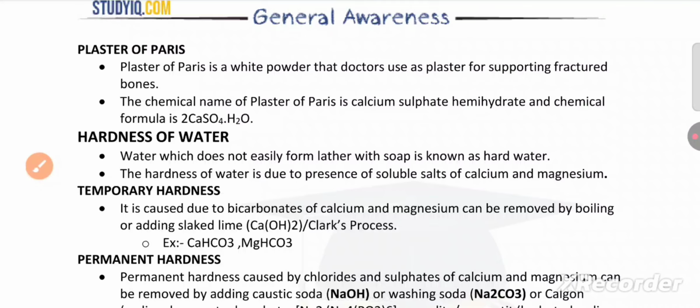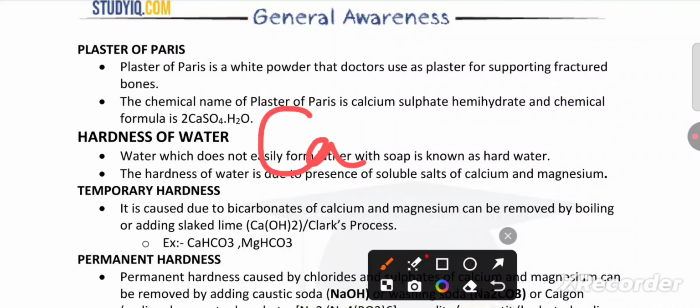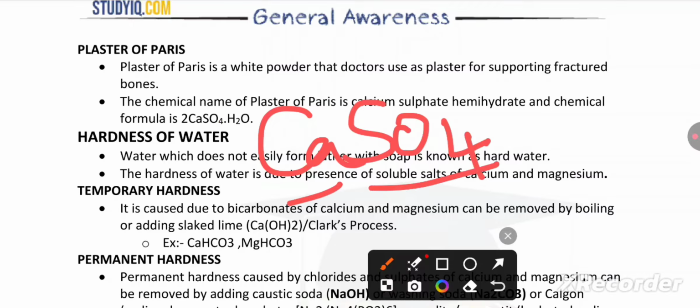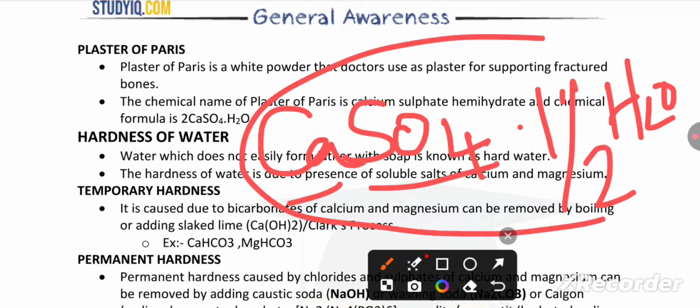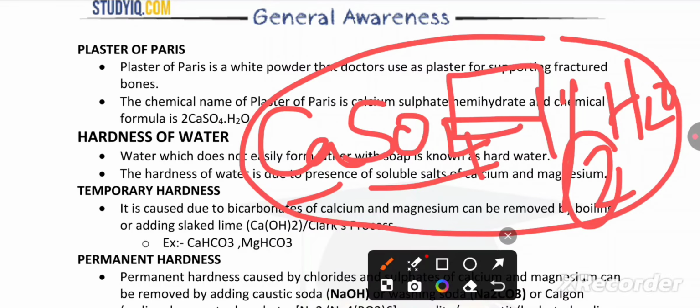Chemical name, very important: calcium sulfate, H2O. This is the formula. It is half H2O, that's why we use the word hemihydrate, and that's why these two come here.